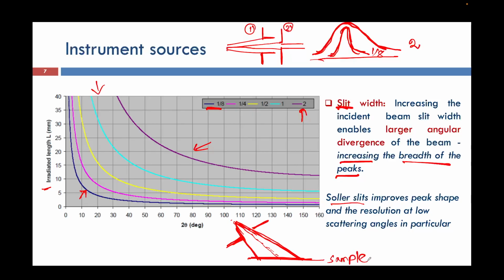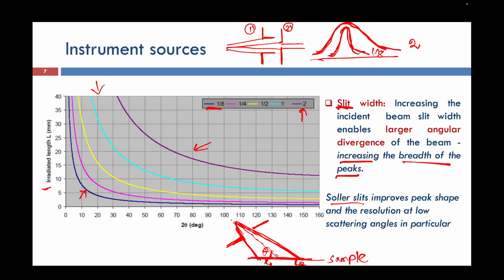Now I will calculate: this section is my L2, this section is my L1. If this angle is theta, then I can calculate L1 and L2.